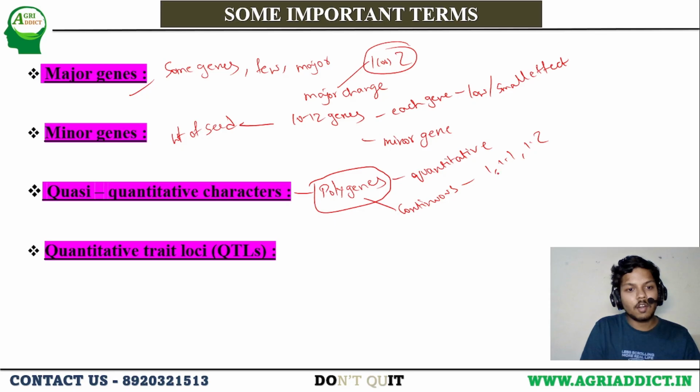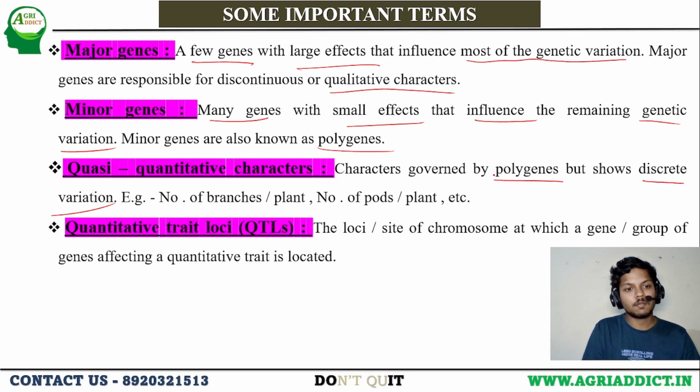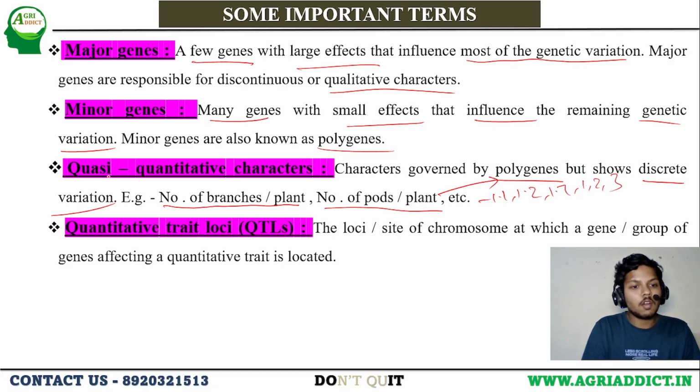You can see here, like number of branches per plant, number of pods per plant. Even though these are governed by polygenes, we cannot express them as 1.1 branch, 1.2 branch, 1.7 branch. No, we will express them as 1 branch, 2 branches, 3 branches. So these we call quasi-quantitative characters.